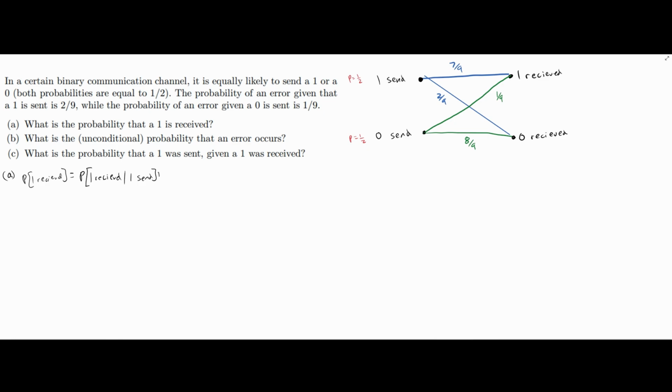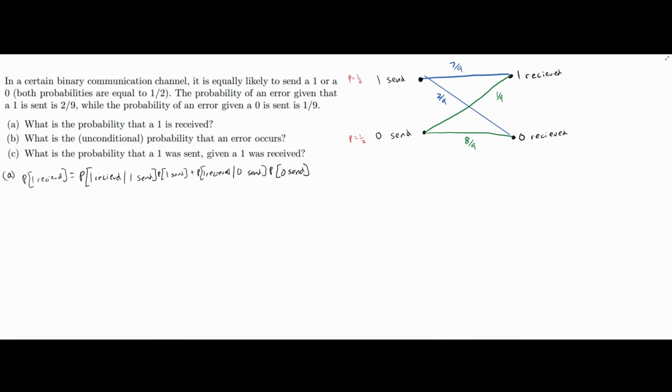And the probability of this happening is going to be basically the 1/2 itself, so it's going to be the 1 send. Plus the probability of 1 received, because that's all we're doing, we're just receiving here, given that we have a 0 sent, and this is the probability of 0 sent.